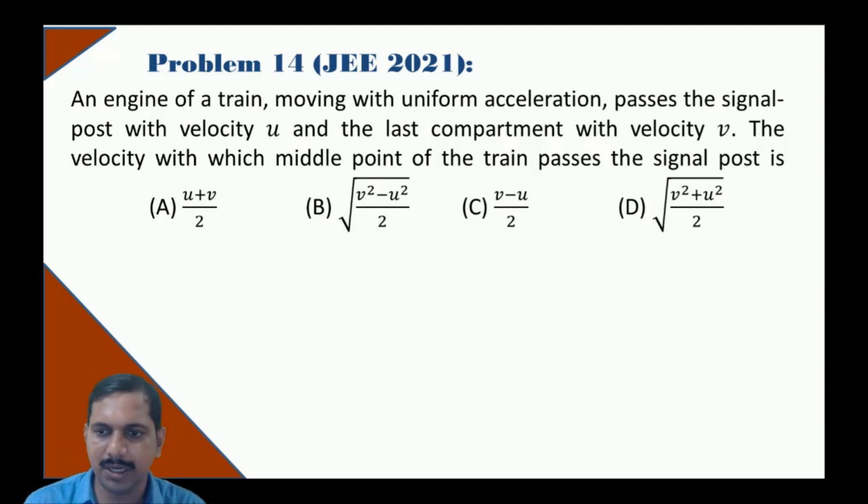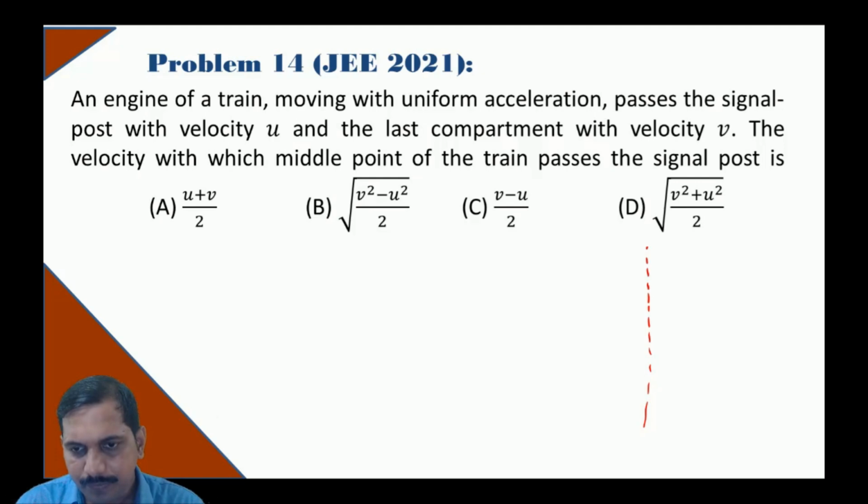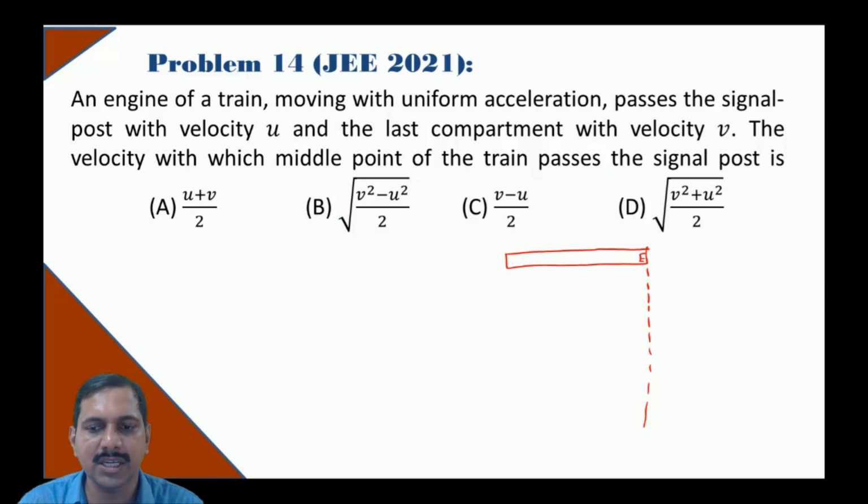So the question is something like this. There is a signal post. Let us say this line represents the signal post. And then we have a train which is over here. When the engine is passing, this is the engine first and this is the last compartment, right? So when the engine passes, the velocity is u.